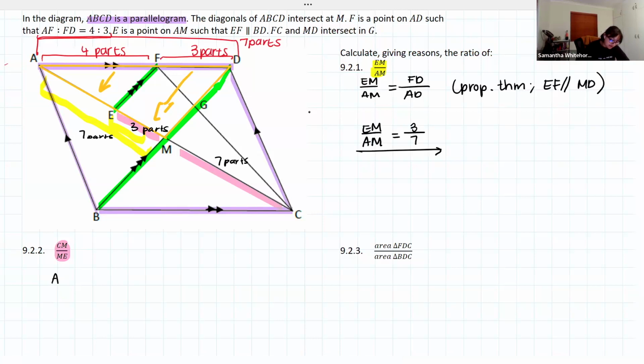We first obviously need to say that we know that AM is equal to CM because of diagonals of a parallelogram, and you can abbreviate that to PALM. You don't have to write a parallelogram, bisecting each other. And so therefore our ratio of CM to ME is 7/3.